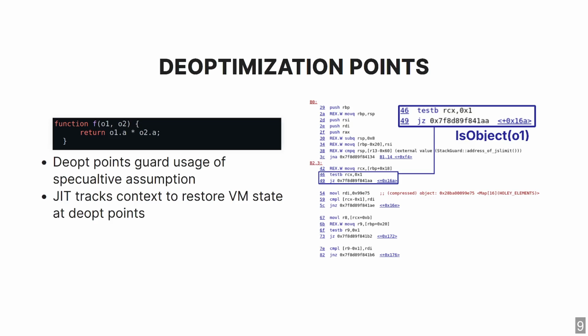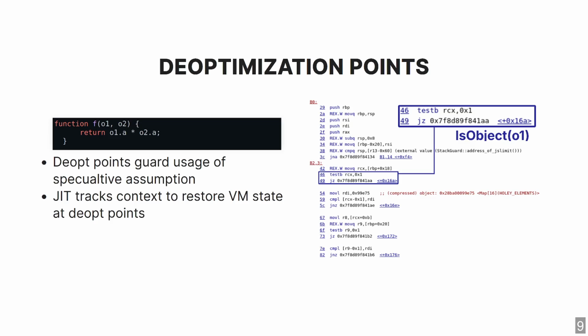So it needs to insert checks that, for example, here, a 1 is still an object, because f might be called with a primitive value instead. And these checks are the so-called de-optimization points.